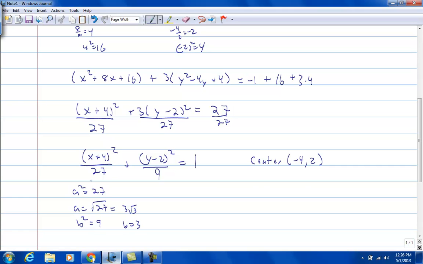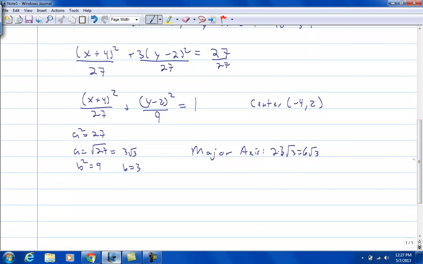Now my a squared is 27, and so a is 3 root 3, so my major axis has a length of 2 times 3 root 3, which is 6 root 3. Okay?